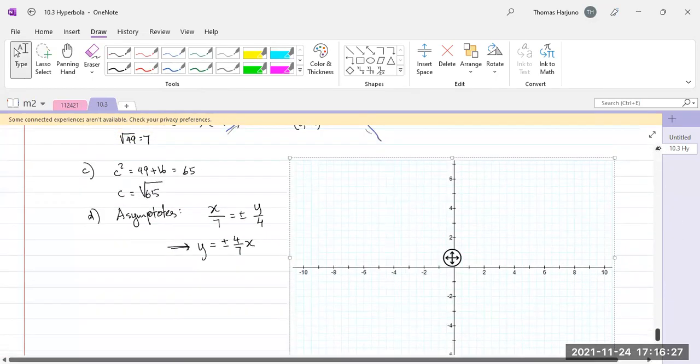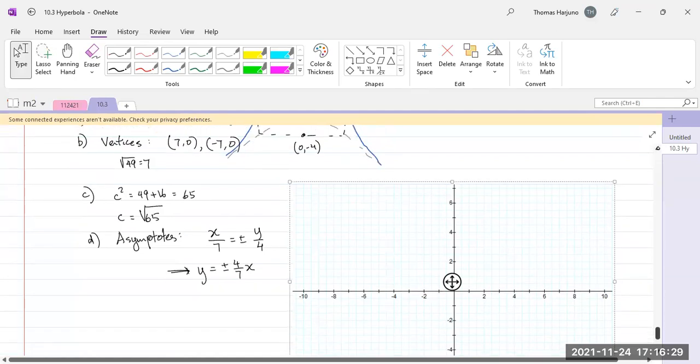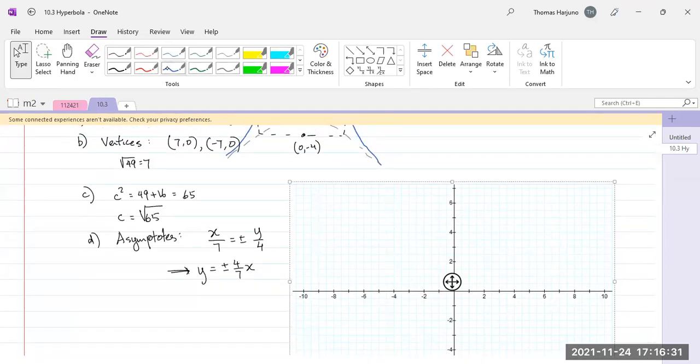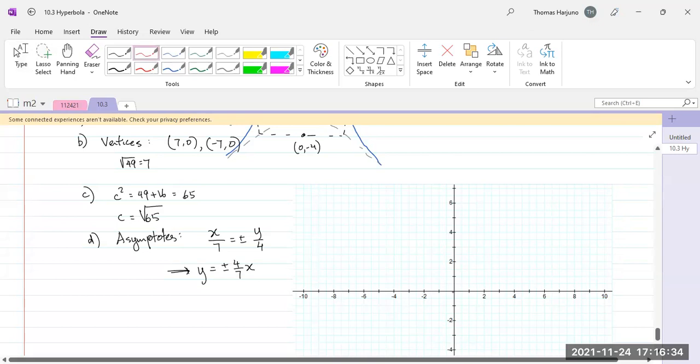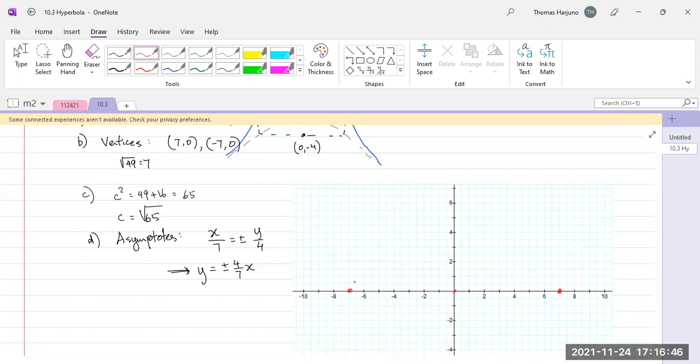Okay, let's put the details. So the center is 0, 0. The vertices are 7, 0 and negative 7, 0. Those are the vertices. The asymptotes are plus minus 4 over 7 x. So up 4, right 7.